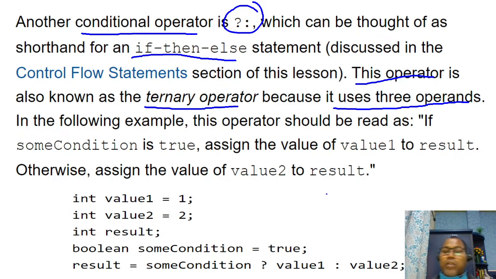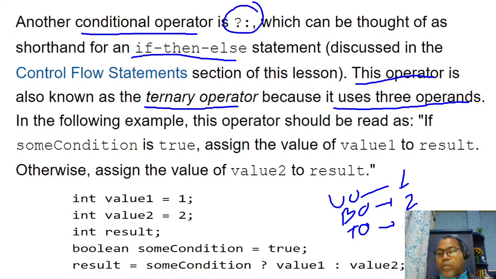Till now we have studied the unary operator and the binary operator. Unary operator needs only one operand, binary operator needs two operands, and the ternary operator needs three operands.